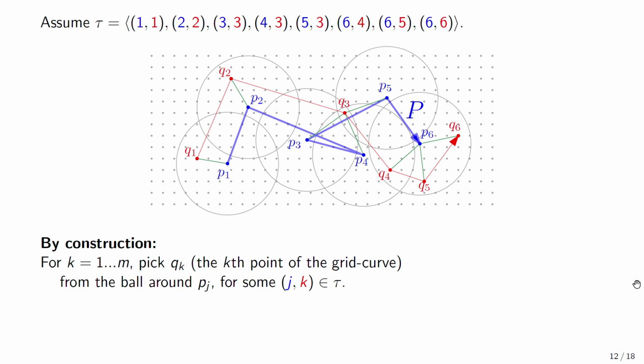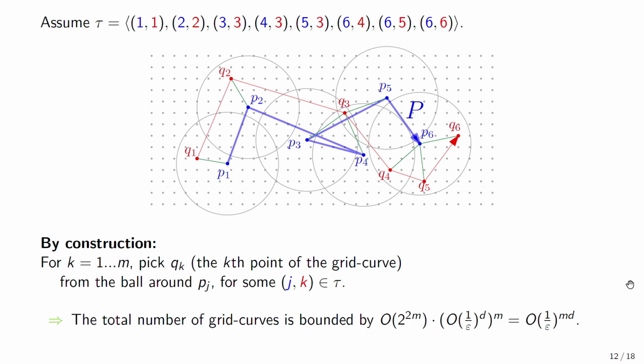Now, since we pick each point of the grid curve from a ball that contains 1 over epsilon to the d points, the total number of grid curves for a fixed alignment is order of 1 over epsilon to the md. Therefore, the total number of grid curves is bounded by the number of alignments multiplied by the number of curves per alignment, which is in total order of 1 over epsilon to the md.